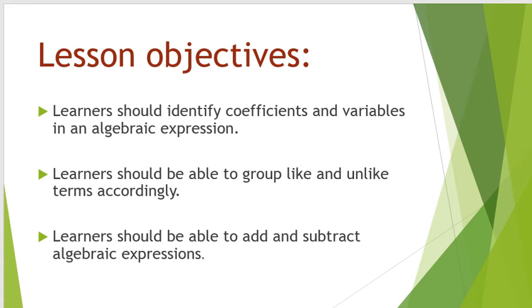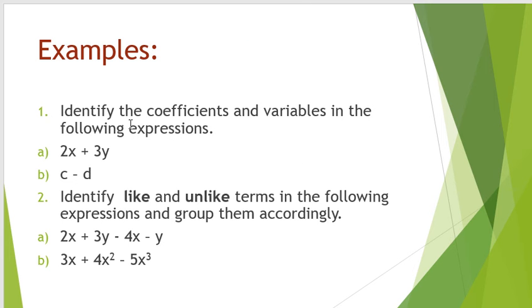Now, let us look at the examples. The first one says: identify the coefficients and variables in the following expressions. There is 2x plus 3y here, and then there is c minus d.